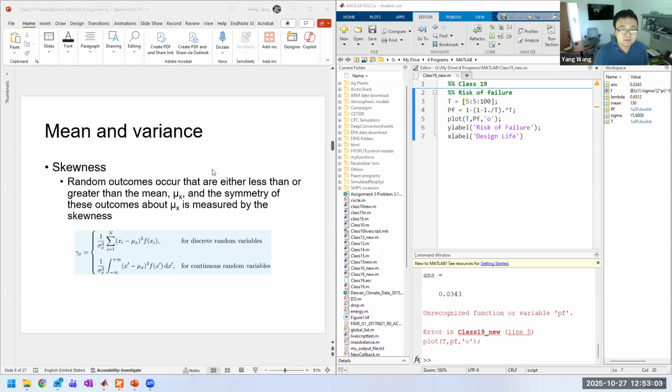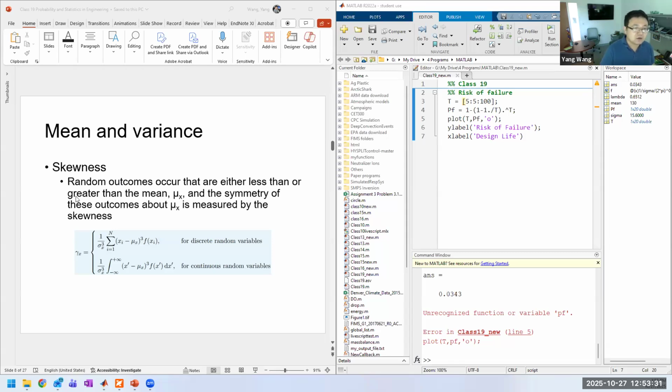But you could also have a system that has low probability and most of the values are concentrated at the higher values. So the skewness basically represents the random outcomes that are either less than or greater than the mean, and the symmetry of these outcomes above mu x is measured by the skewness. So basically, how symmetric your probability distribution function looks.